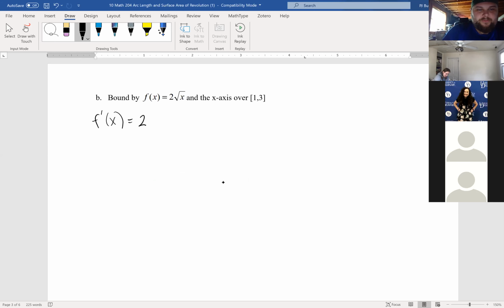So this is 2 square root of x, which means when I take my derivative, I'm going to bring that 1/2 down and subtract 1 from the power, which makes it minus 1/2. And simplifying, this will be 1 over square root of x.